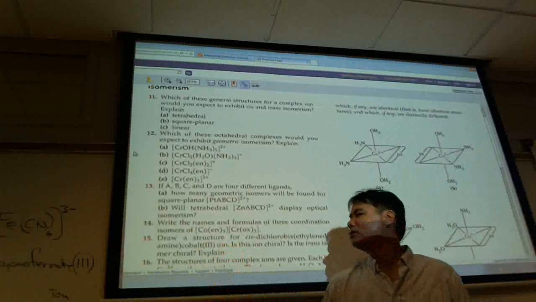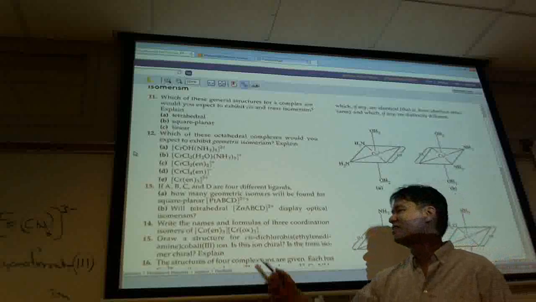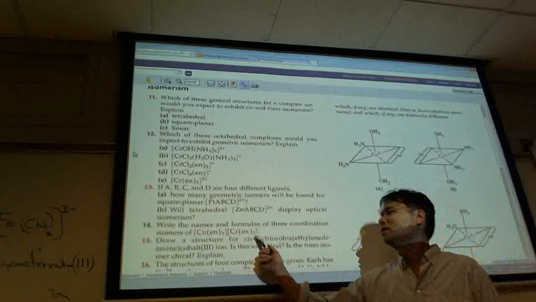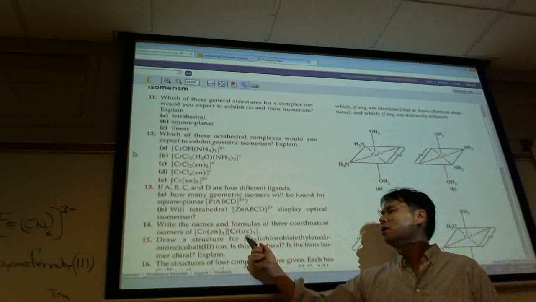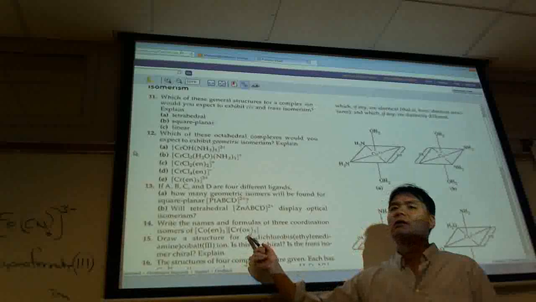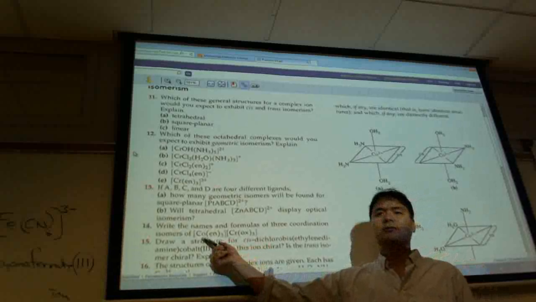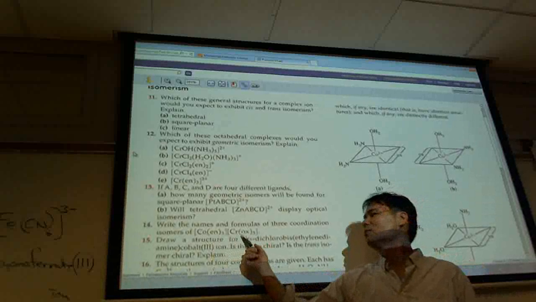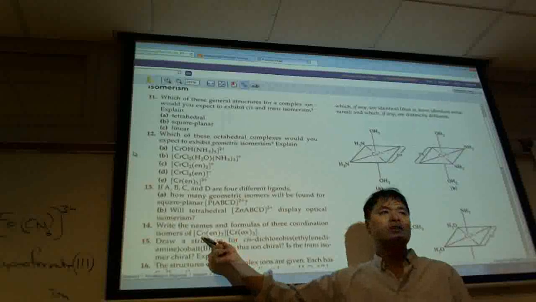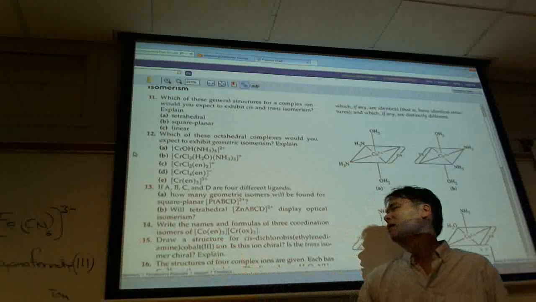Now, is that cobalt 2 or cobalt 3? It depends on the anion. So let's see if we can figure it out from the anion. This would be trioxalato chromate 3. And so this has got to be cobalt +3. If this were 2, then this would have to be +4. Is cobalt +4 a stable oxidation state of cobalt? No.